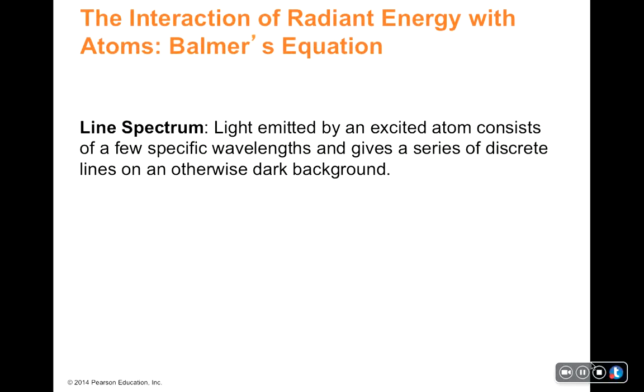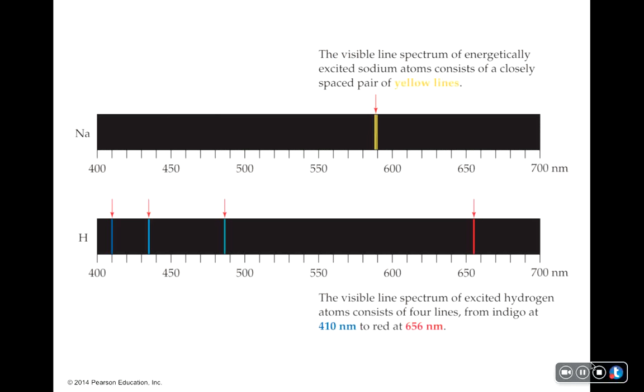This is the light that's emitted by an excited atom, and it was seen that atoms of different elements had different line spectra. You can see an example here, the spectra for sodium atom, consisting of the visible line spectrum anyway, of 2 yellow lines, and hydrogen atom having 4 lines here. And so this information then led scientists to try to figure out why they were seeing those particular line spectra, what the light was coming from, and how to learn more about the atom from that information.